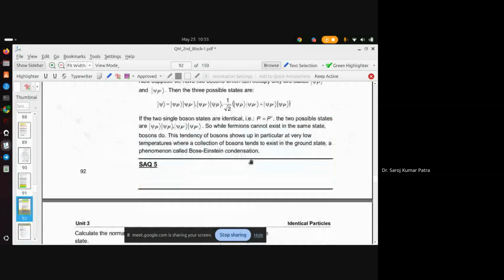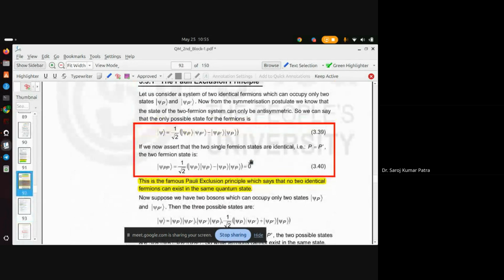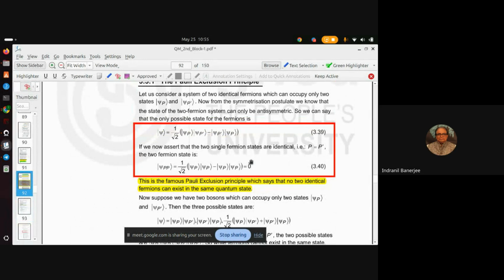Is it clear? At least spin quantum number has to be different.